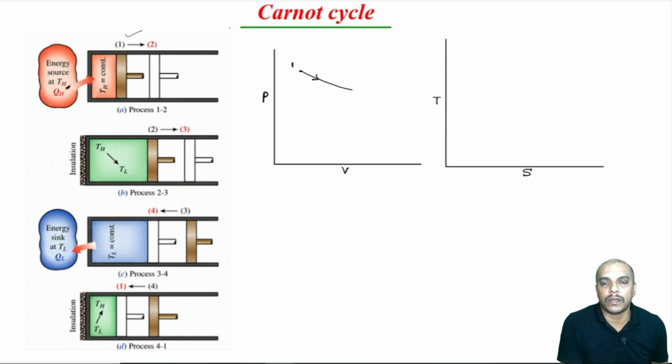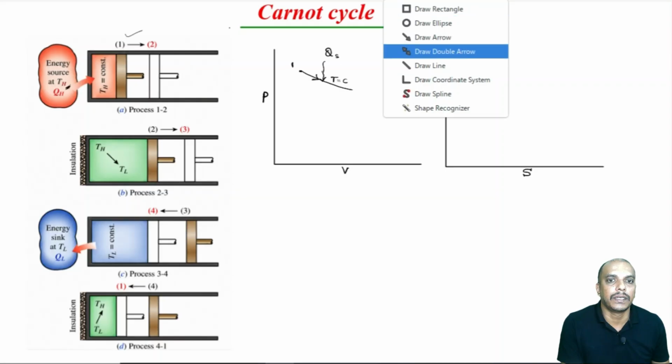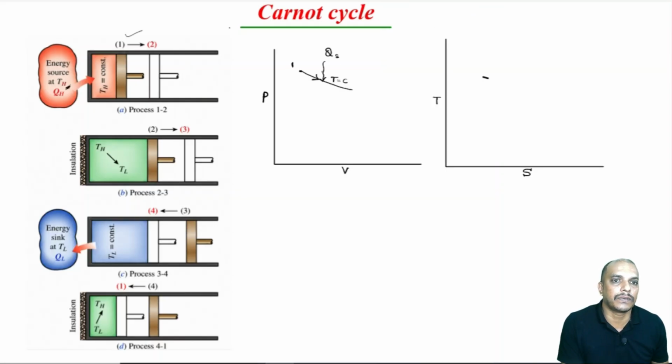So, if the process of adding heat and rejecting heat happens at constant temperature, you can say that literally there are no losses. So, we will have heat addition happening at constant temperature. Obviously, the piston moves towards the right during this heat addition process, and the same can be represented in our TS diagram as well.